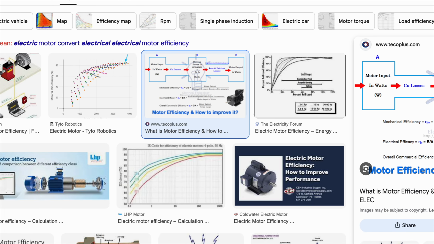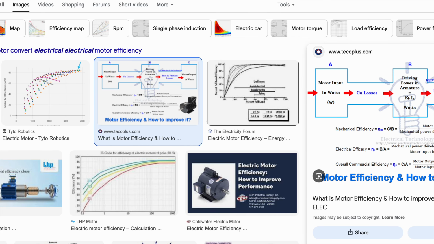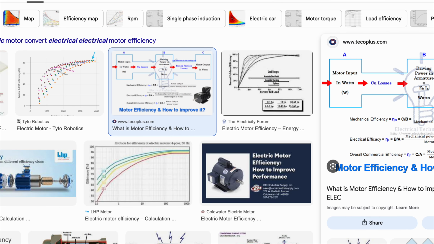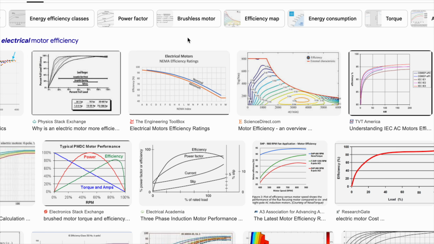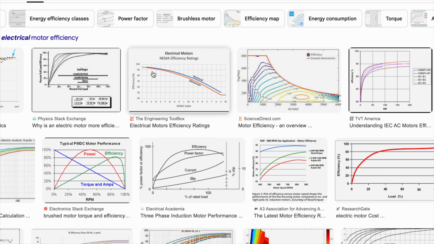Let me show you some more photos of electrical motor efficiency. This one shows you the different kinds of motors and the differences in their efficiency.